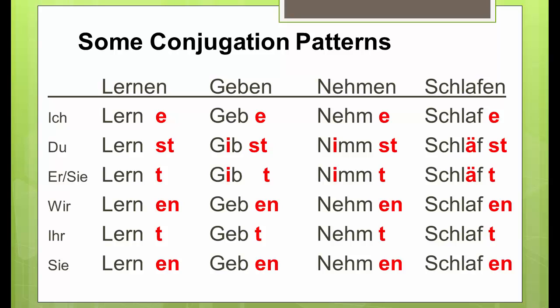We drop en and add st. The he and she, er and sie form is the same as the ihr form. That's pretty easy. Drop en and add a t. And the easiest forms are wir and sie. You don't really have to change anything at all. These are freebies.